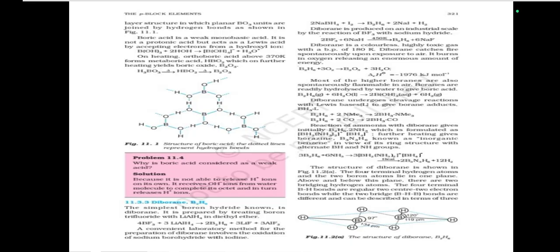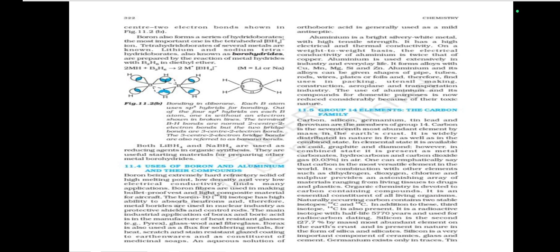The four terminal B-H bonds are regular two-center two-electron bonds, while the two bridge B-H-B bonds are different and can be described in terms of three-center two-electron bonds, shown in figure 11.2b.